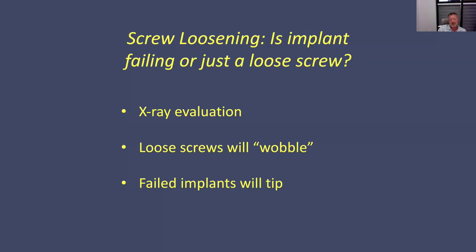A failed implant is going to tip. You can even grab the bone in the area, buccal and lingual of the implant, and push it, and you'll feel give in the bone. So just remember, when you're trying to make a quick assessment, that a failed implant is going to tip. And that's never really a great day, but if you go in there quickly and you see the top of that crown wobbling, you generally know the implant's in good shape.